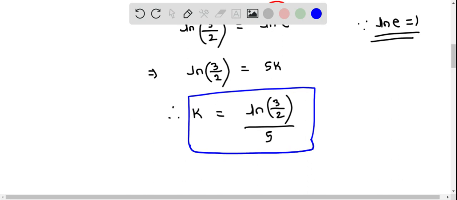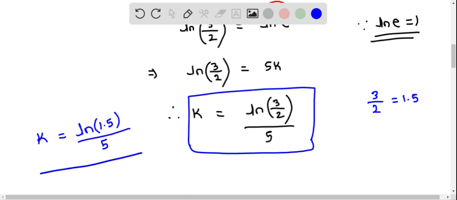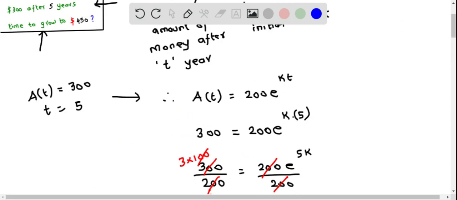Let me now rewrite this value of k in a simpler form. We know that 3 by 2 equals 1.5 in decimals, so k equals the natural logarithm of 1.5 over 5. We can use this expression for k and substitute it into the amount function.